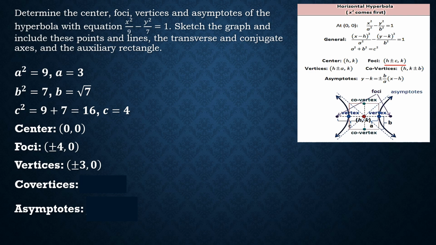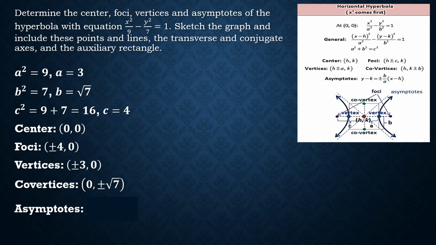For the co-vertices, we have the formula h, you copy the h, which is 0, and then for the y-coordinate, we have k plus minus b. So, k is 0, and b is square root of 7. Therefore, the co-vertices are 0, positive square root of 7, and 0, negative square root of 7.